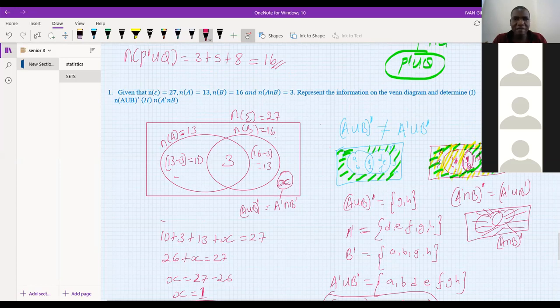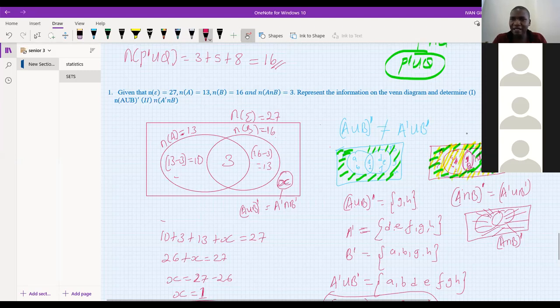A complement is meeting with B complement. According to the shadings here, green is meeting with the yellow. And where are they meeting? They are meeting outside only. That's why we have both green and yellow. Here we have yellow only. Here we have green only. But outside we have the two of them.